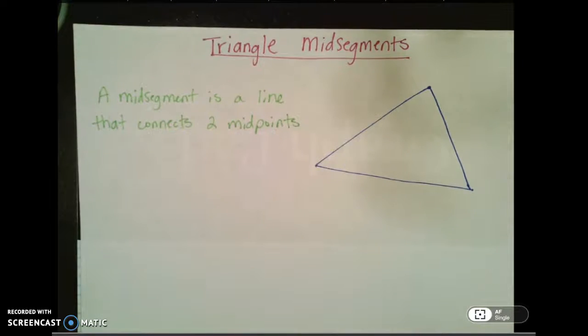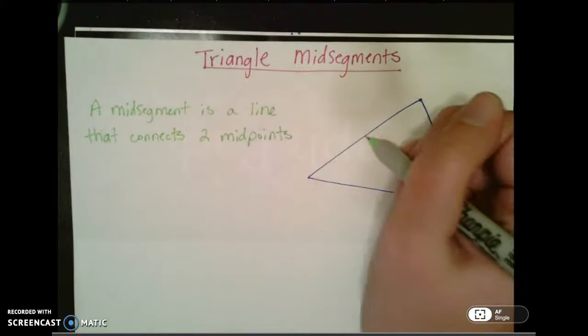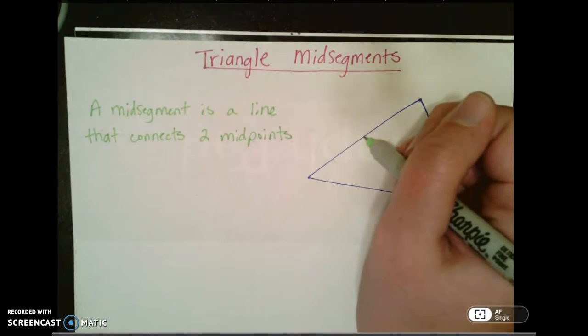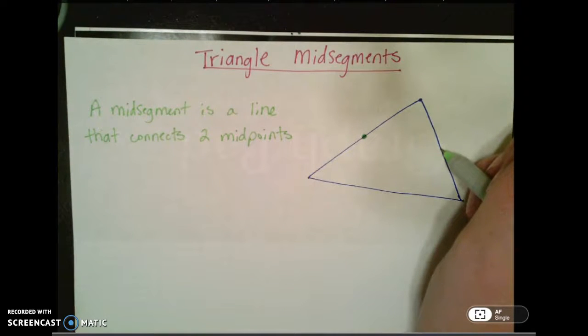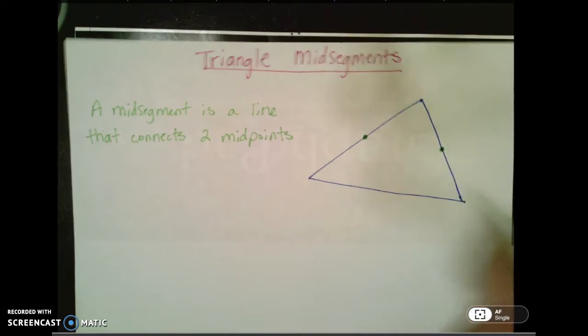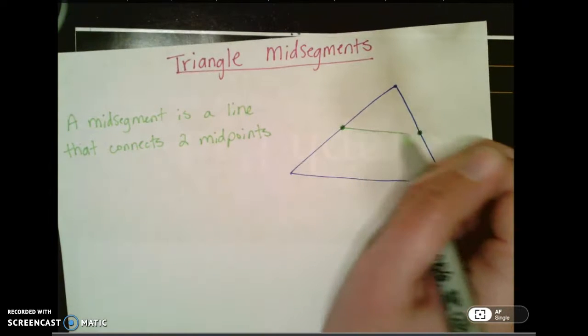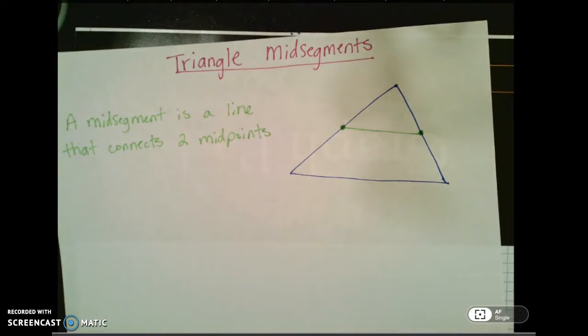So, if I take, for instance, the midpoint of this line, which we're just going to have to estimate, and the midpoint of this line, and connect them, that is a midsegment.